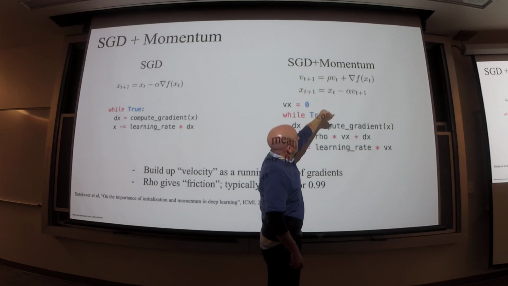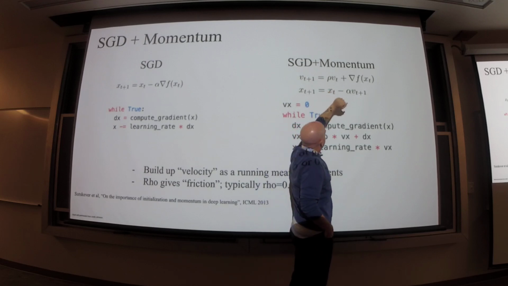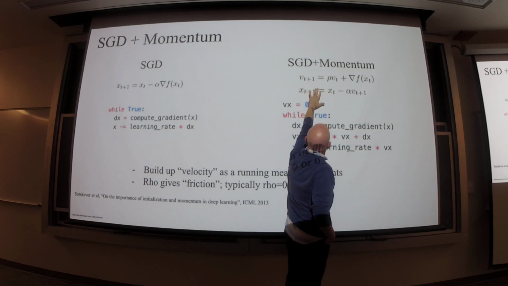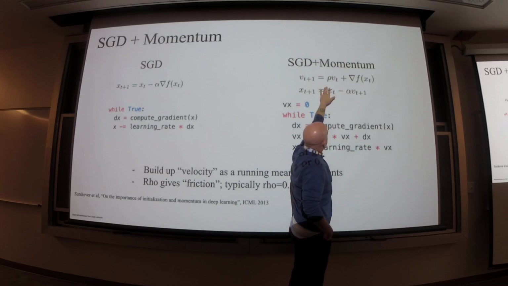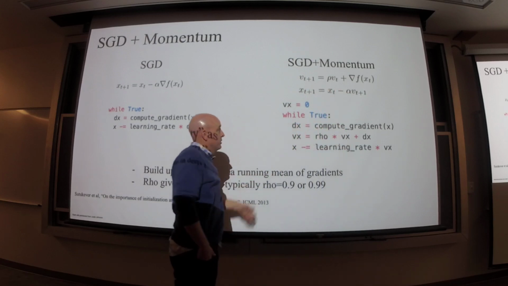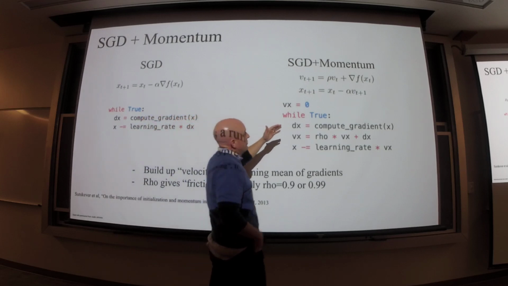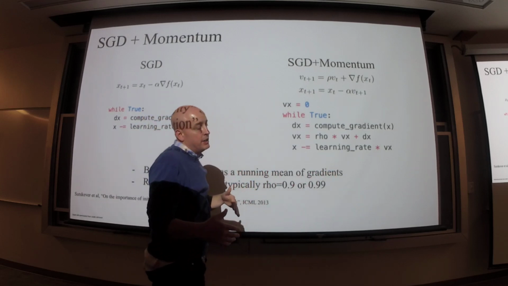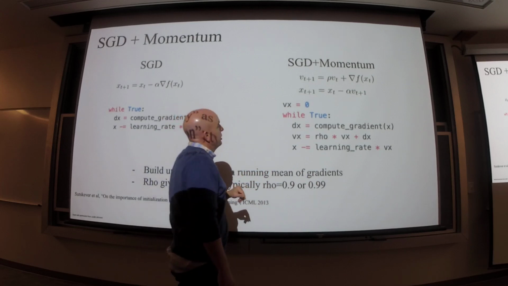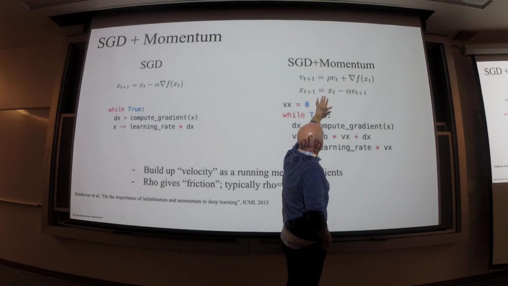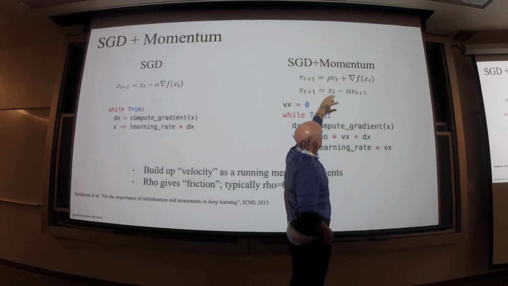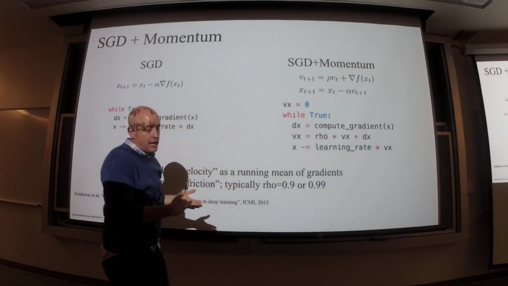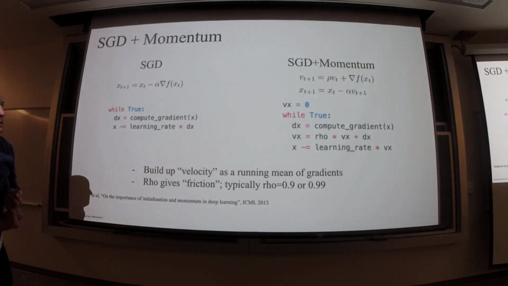In the first step there's no momentum, and you just get your gradient term. But in the next step, you take your gradient term and add to that some fraction, and this rho is usually something between 0 and 1, of the last gradient step. In the step after that, you take your gradient at that particular step and add some fraction of the previous momentum, which contains gradients from the first step and the second step, and so forth.